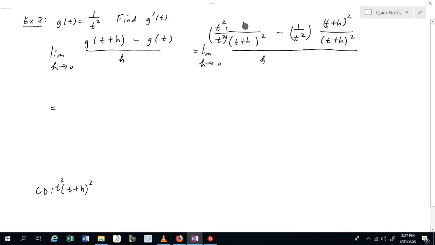So then look, we're left with t squared over this common denominator. And over here, we're left with (t plus h) squared over this common denominator.